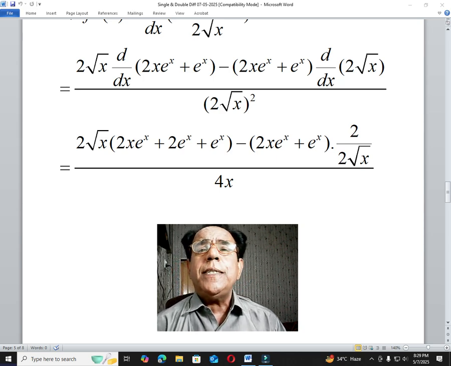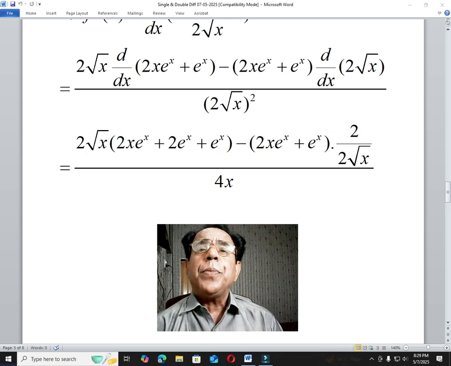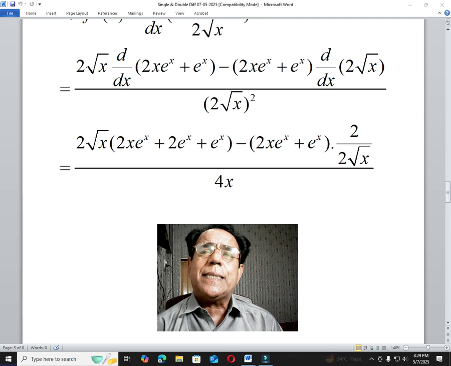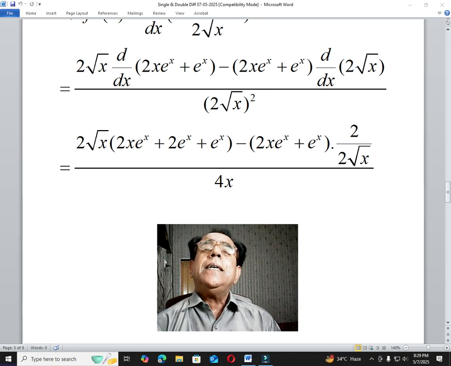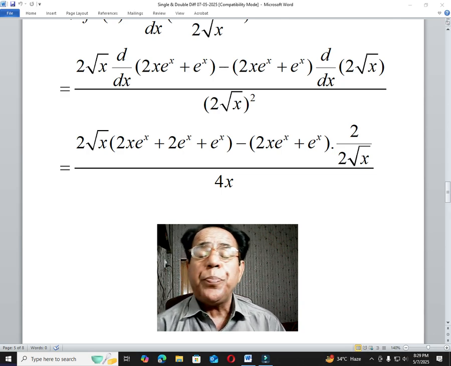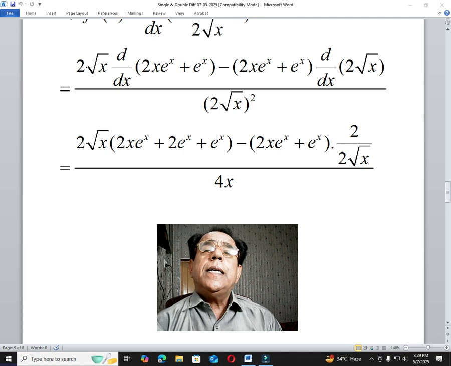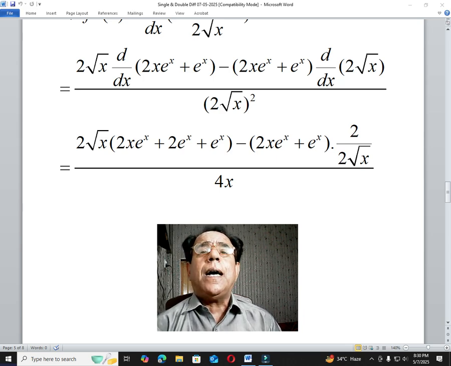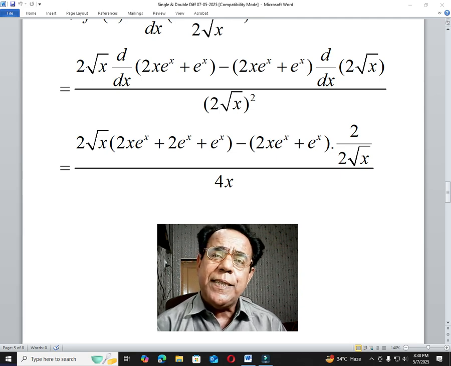According to power rule, this power, that is power half, will become as a multiplying factor of x under root, and its power, that is 1 by 2, will be reduced by one number. So when one full number is subtracted from half number, then we get minus half, and we know that power minus half in the numerator is equivalent to power plus half in the denominator.